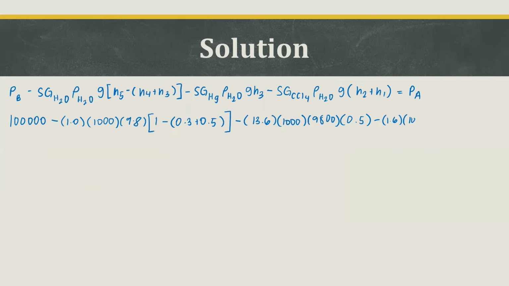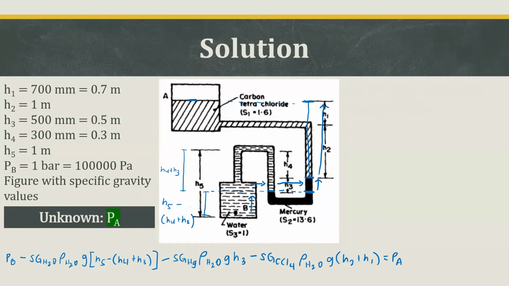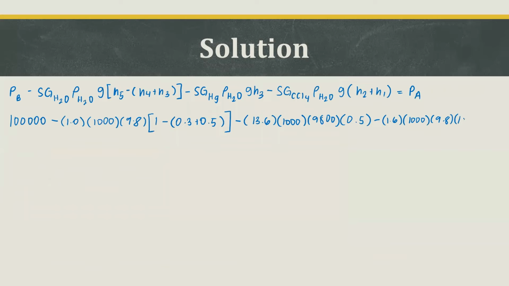Density of water is 1,000. Gravity again is 9.8. Then the total height H2 plus H1 is 1 meter plus 0.7 meters. 1 plus 0.7 equals the pressure at point A. And then simplifying, you should get P sub A equal to 4,744 pascals. And that's the pressure at point A.